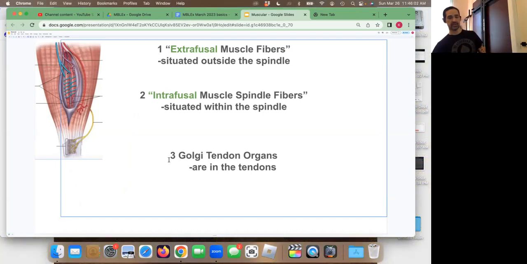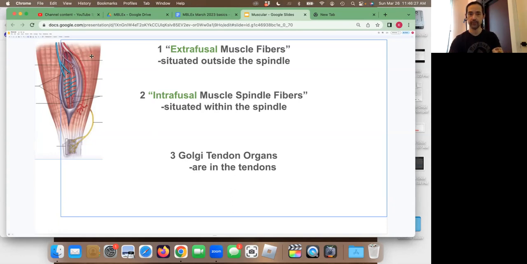So I'm going to start stacking terms in for each of these structures, and the reason I'm doing it this way is so that you can be familiar with the words. Like I said, a lot of being able to take an exam successfully is having the vocabulary, having the languaging to describe the features. So let's just look at extrafusal muscle fibers first.